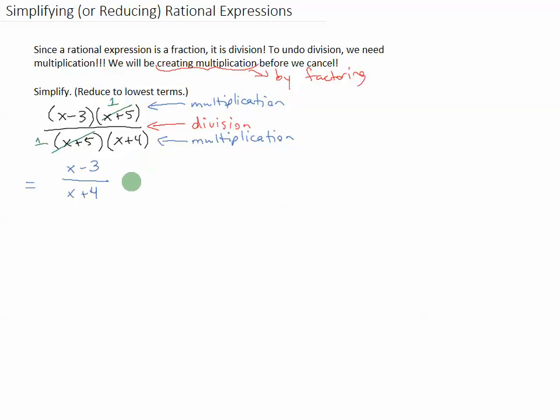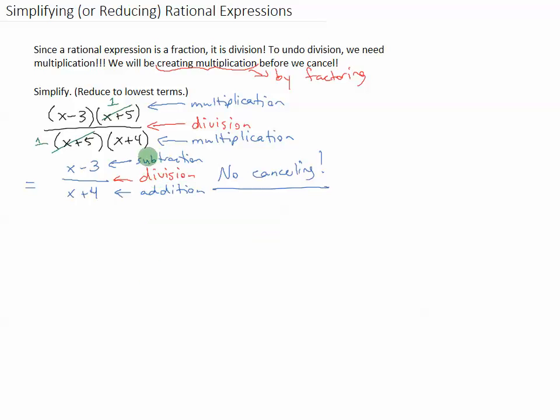Now, this is still division, but the top on the surface is subtraction. And on the bottom, we have addition. This means no canceling, because we don't have multiplication mixed with division.